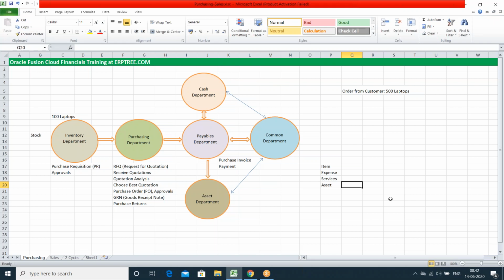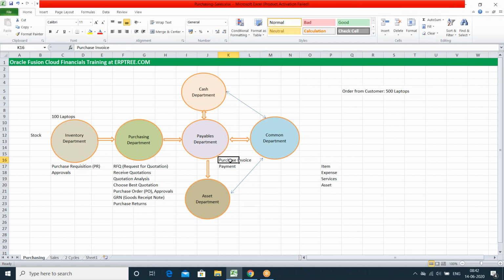In all the scenarios, the payables department should take the responsibility of making the payment. To make the payment, there should be proof that they can create with the purchase invoice. That means the purchase invoice can relate to an item or expense or service or asset.